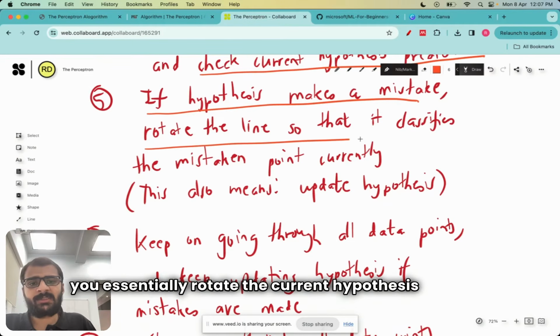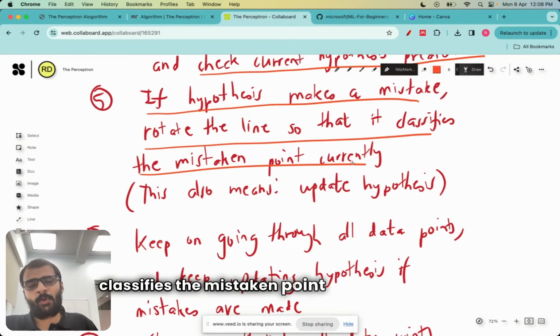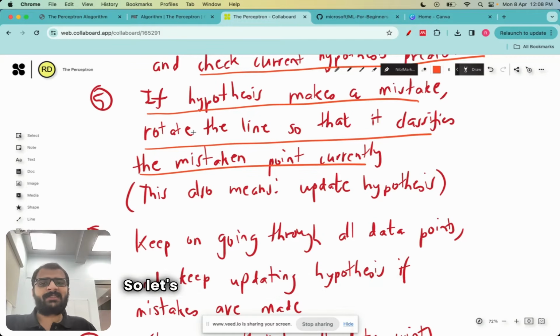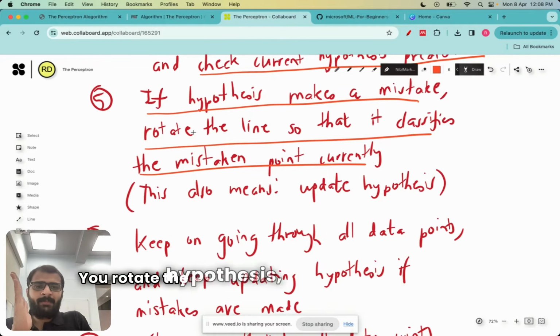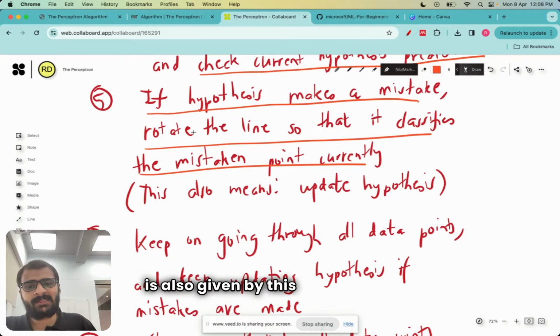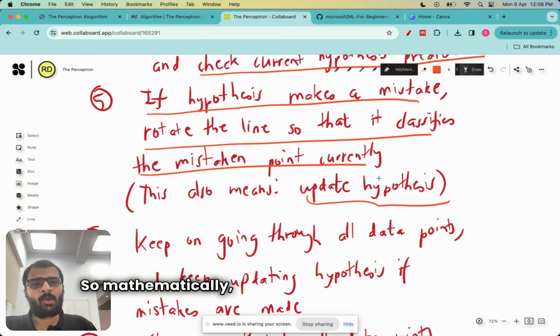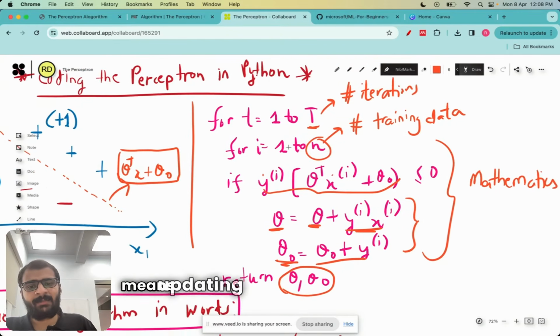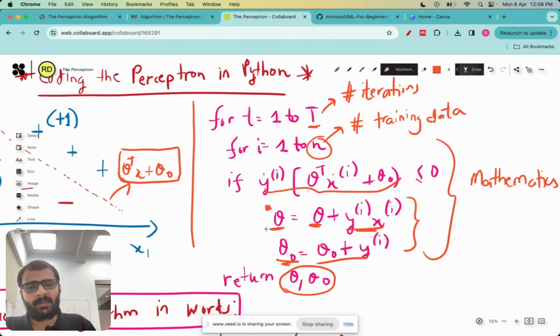rotate the current hypothesis so that it classifies the mistaken point correctly. So let's say the current hypothesis is like this and it has made a mistake. You rotate the hypothesis, and mathematically that rotation is given by these update values. So mathematically, rotating the current hypothesis means updating theta and theta naught.